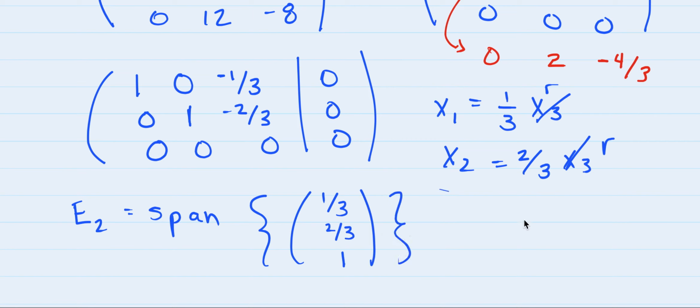Right? Because the vectors look like R times 1/3, 2/3, 1. And this has geometric multiplicity of 1.